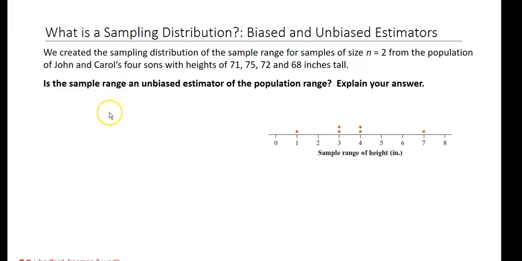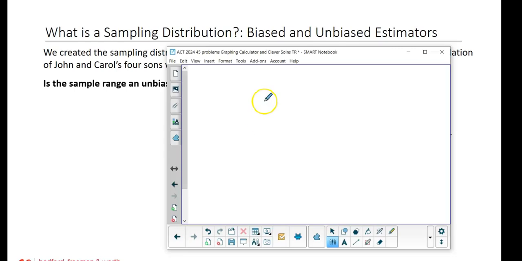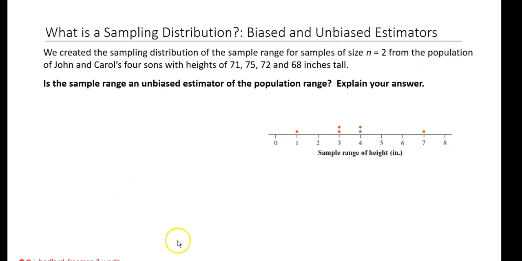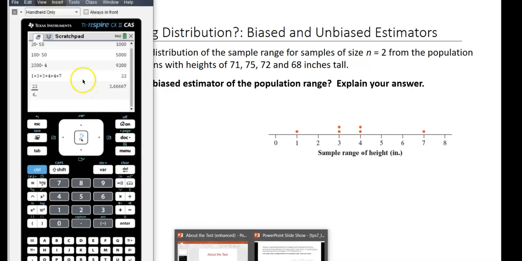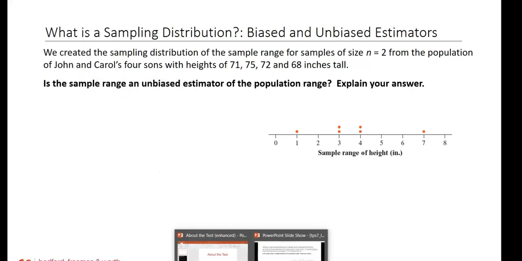Let's see. Is the sample range an unbiased estimator of the population range? What's the range of the population? The range of the population would be 75 minus 68, which is 7. Well, 7 is not equal to 3.666. So I would say this is not an unbiased estimator here.